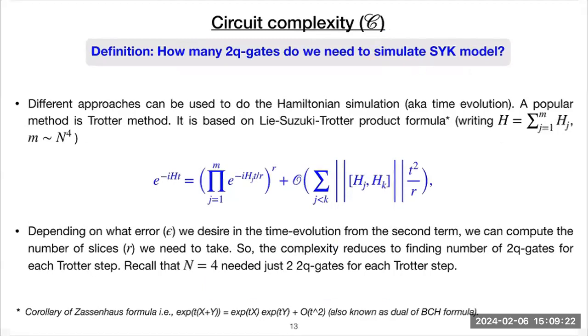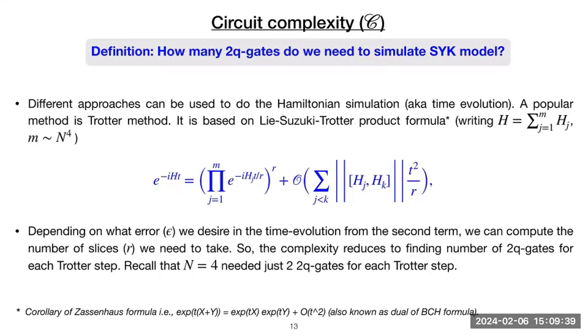Simulating the SYK model means we just want to write down this operator. But for all practical purposes, if H is a big matrix, doing this is not easy. We have to resort to some sort of approximation or scheme.